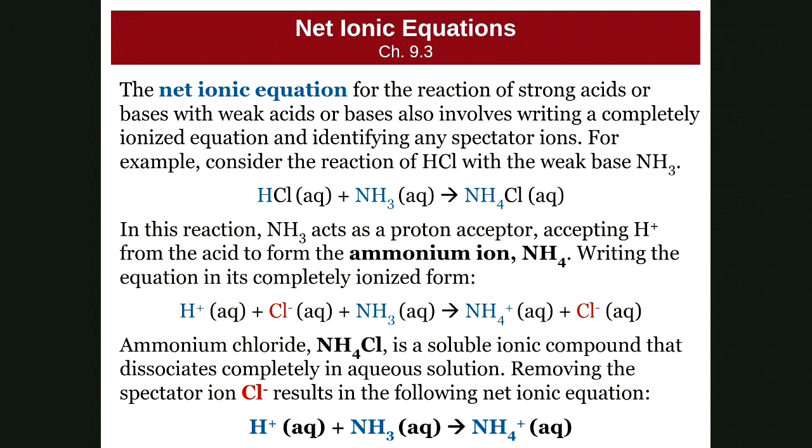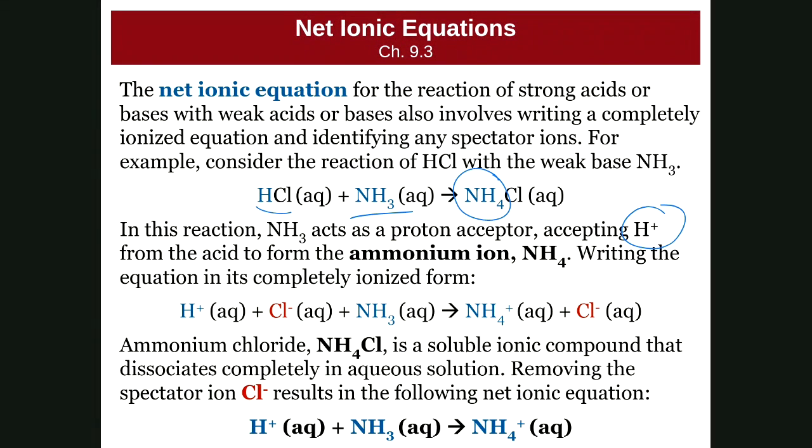For example, consider the reaction of HCl with the weak base ammonia. So we have HCl and ammonia, and we've seen before that ammonia will act as a proton acceptor and accept the proton to form the ammonium ion.